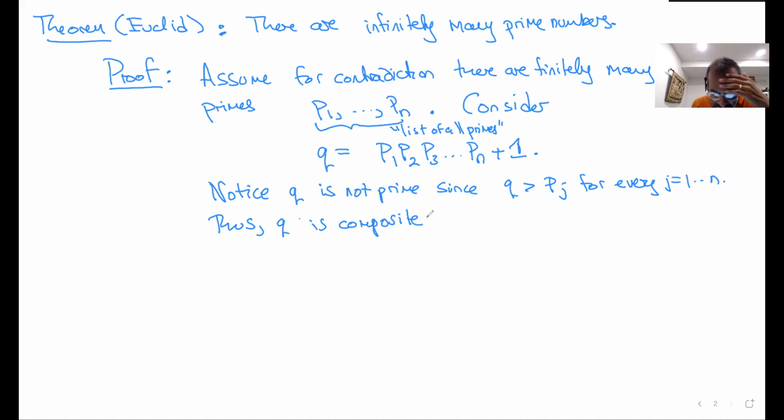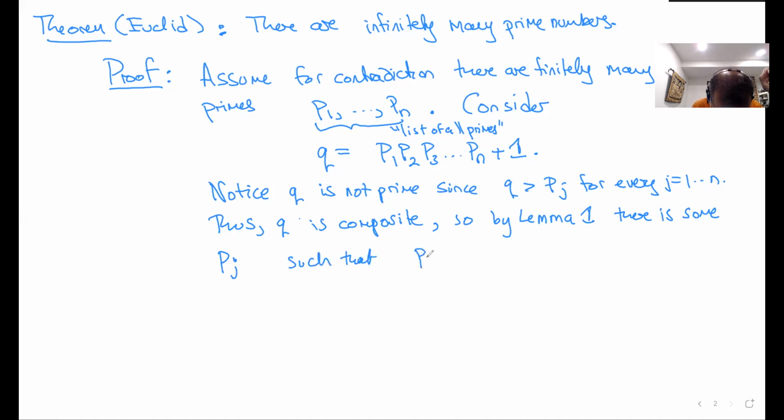And now what do we know about composites by lemma 1? They have to be divisible by a prime. So by lemma 1, there is some pj on this list such that pj divides q.